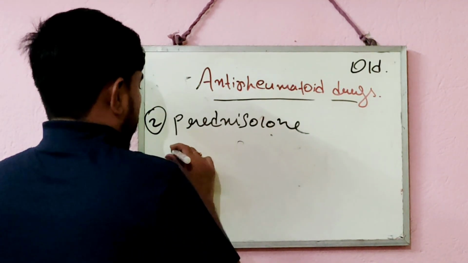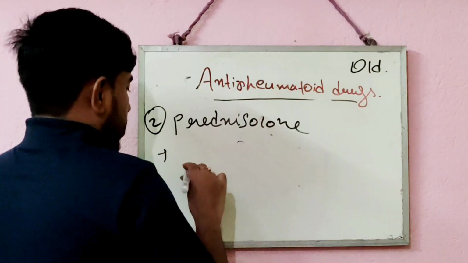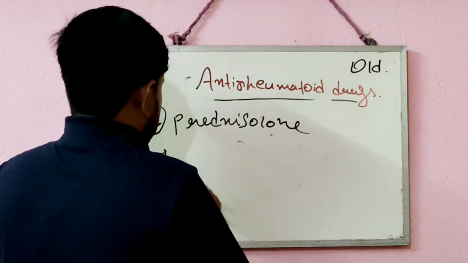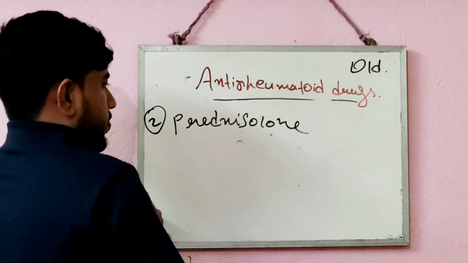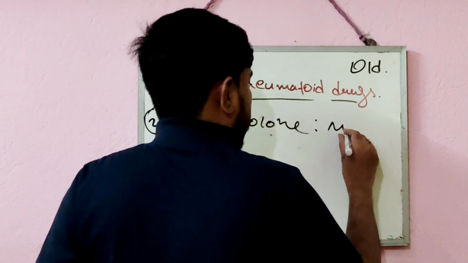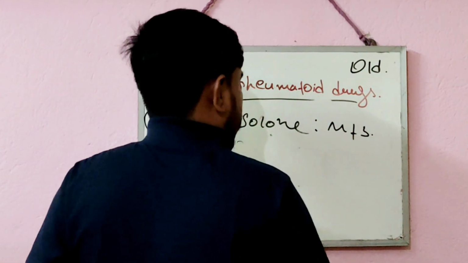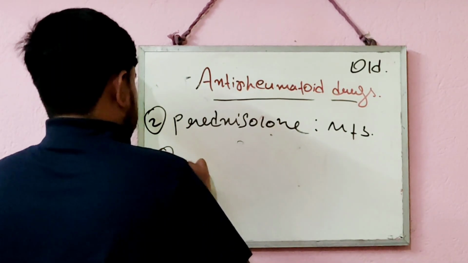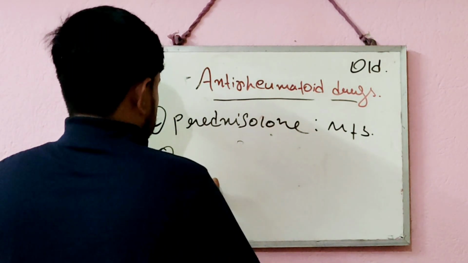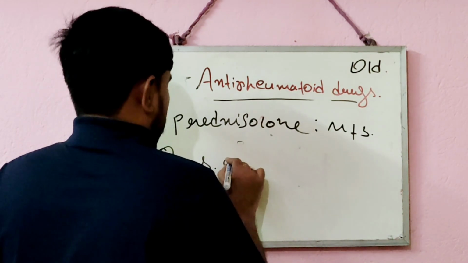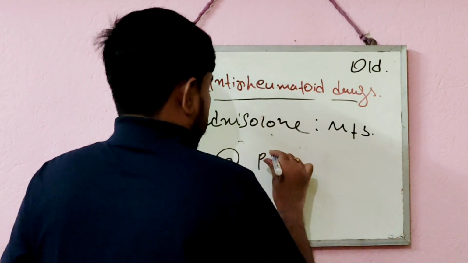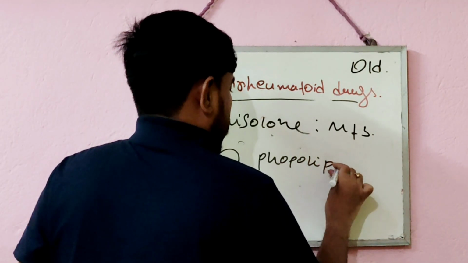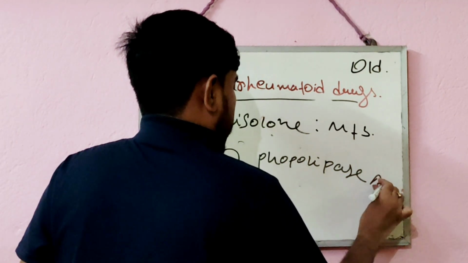And one more mechanism of action: prednisolone is generally converted in the metabolic system, and by changing its form it can also inhibit the synthesis or action of phospholipase A2.